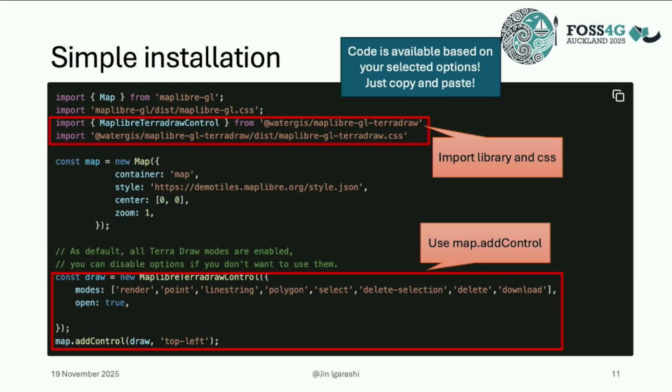Then the demo website automatically creates example source code, and you can just copy this source code to your MapLibre application to bring the drawing feature. Basically, it is only four lines of code: importing the library and CSS, and adding the control to MapLibre. That's it. It's not difficult.